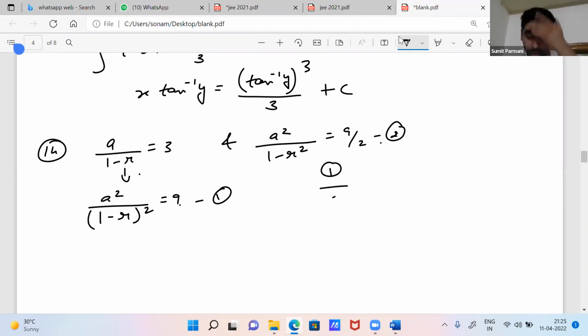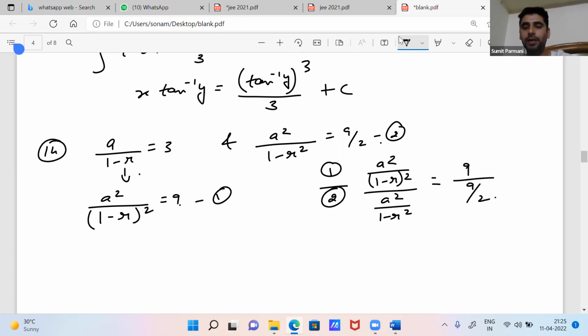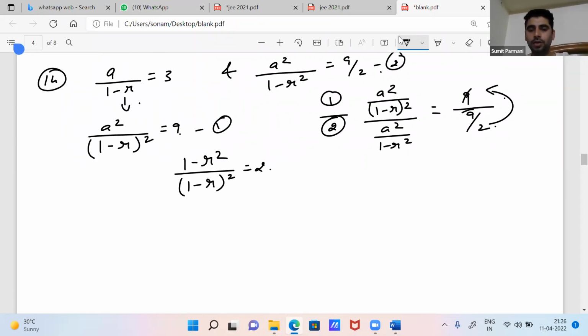Write 1 by 2. After writing 1 by 2, you will see that A square by 1 minus R whole square divided by A square by 1 minus R square is equals to 9 divided by 9 by 2. This will cancel this, 2 will come in the numerator. So you have 1 minus R square divided by 1 minus R whole square is equals to 2. Okay, so from here we can write 1 minus R square is equals to 2 into 1 plus R square minus 2R.